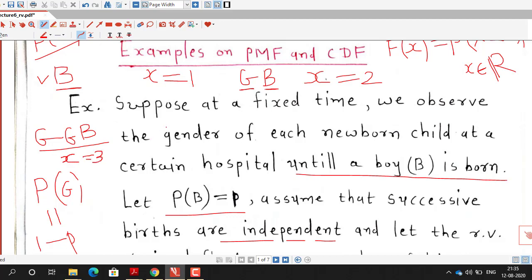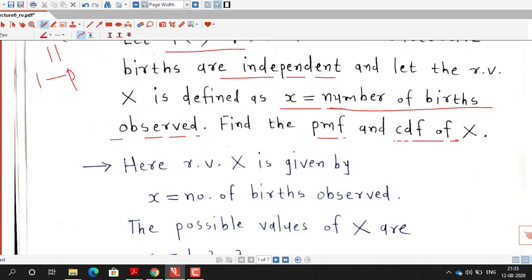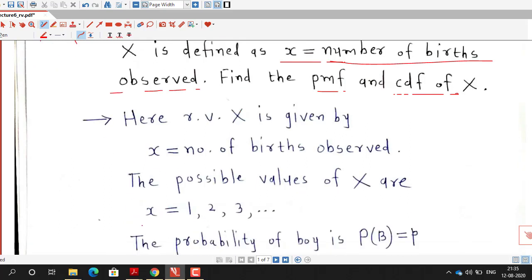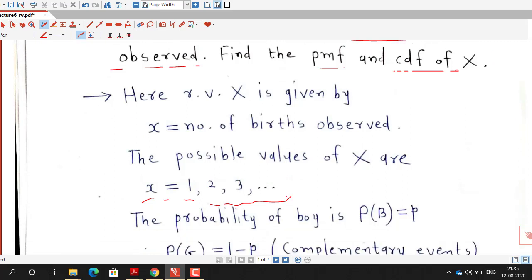So the possible values of the random variable are 1, 2, 3 and so on. There is no upper bound. The minimum value of x is 1 and it takes positive integer values.